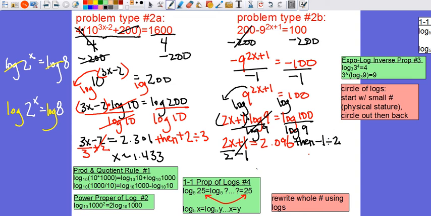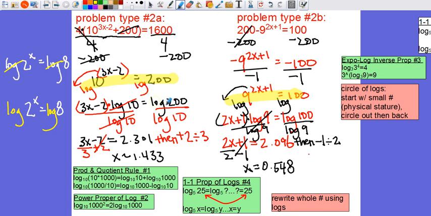So 2.096 minus 1, divided by 2, gives you 0.548. X is going to equal 0.548.